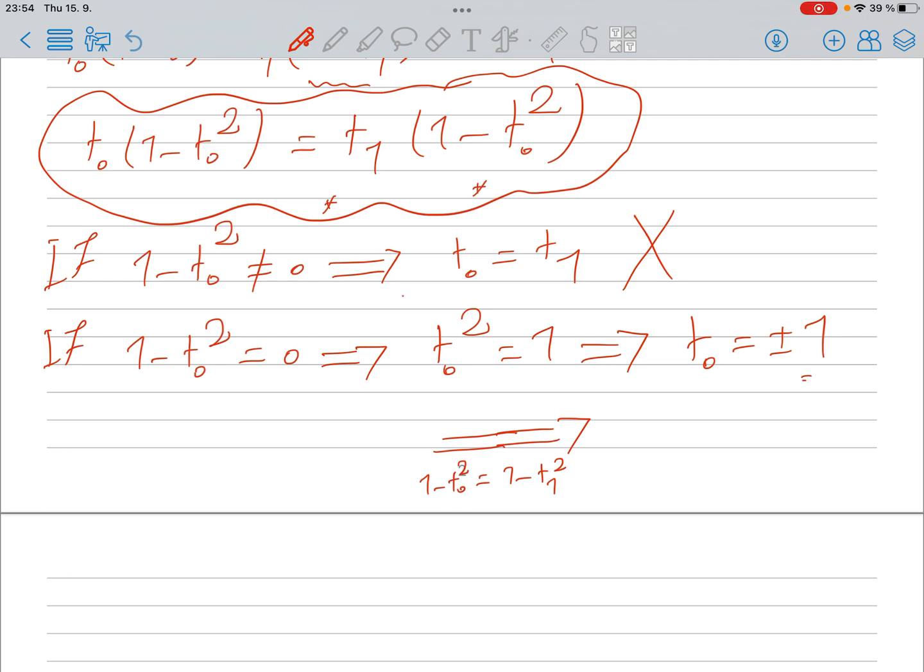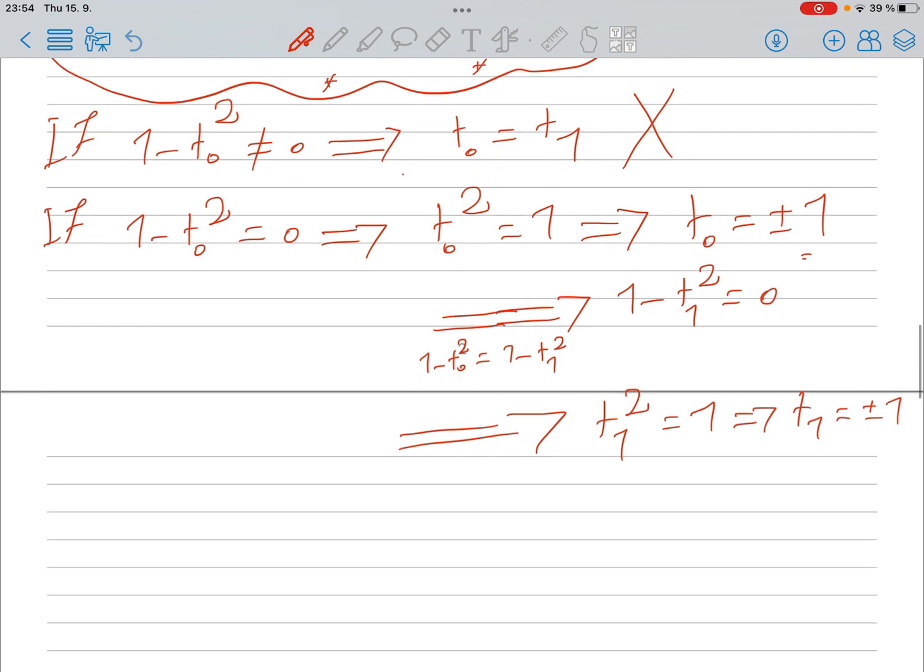So if you substitute t0 here, what you get is that 1 minus t1 squared is equal to 0. And then what you get is t1 squared is equal to 1, and then t1 is also equal to positive or negative 1, right?